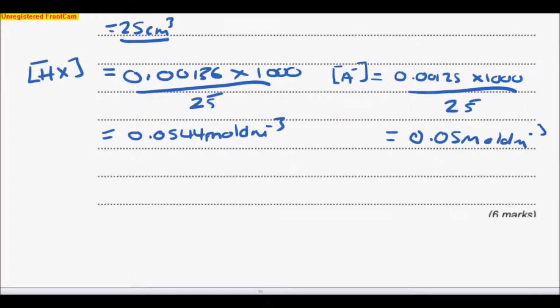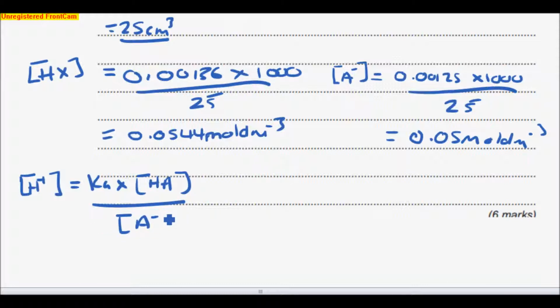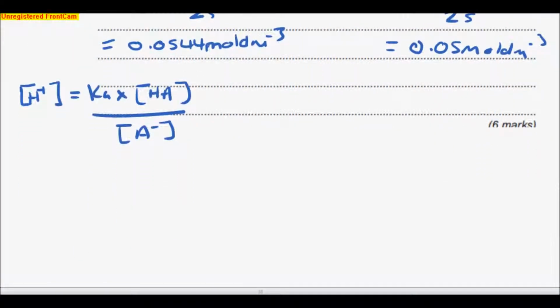Okay, so we now have HX and A minus, so we can plug in to work out the concentration of H plus. The concentration of H plus equals Ka times the concentration of the weak acid at equilibrium divided by the concentration of our A minus. Let's scroll up a little bit further.